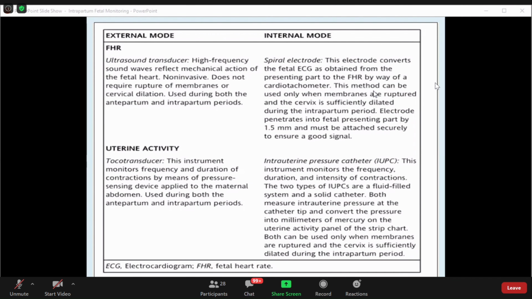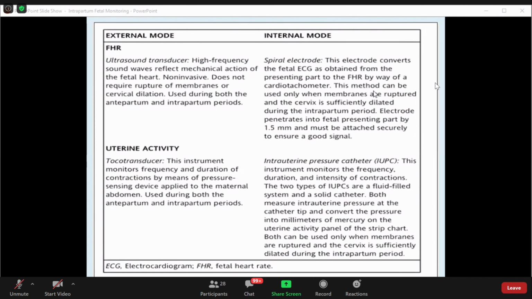Now, to monitor contractions internally requires an IUPC, an intrauterine pressure catheter. Just what it sounds like, a catheter that goes into the uterus. It is inserted through the vagina, through the cervix, into the uterus. And it measures the frequency of contractions, the duration of contractions, and the intensity of the contractions.